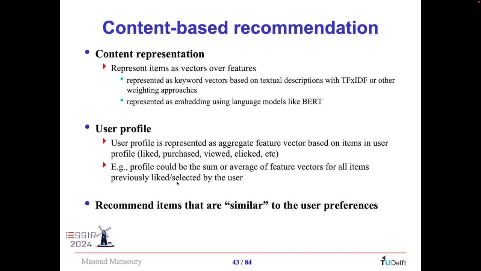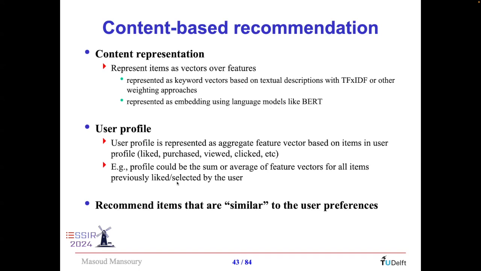The second task here is the user profile. Given the representation for the items that you learned from the content information, you need to form the user profile. Based on the interactions, even one or two or a few interactions by the user, you can take those interacted items, their embeddings, and aggregate them.